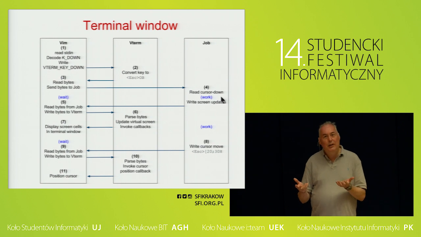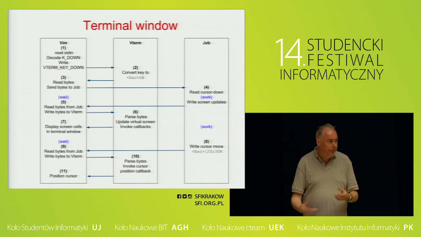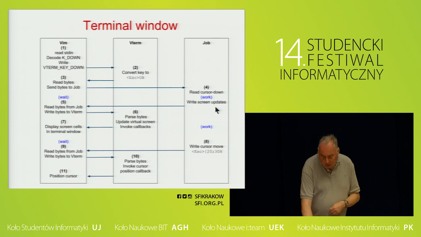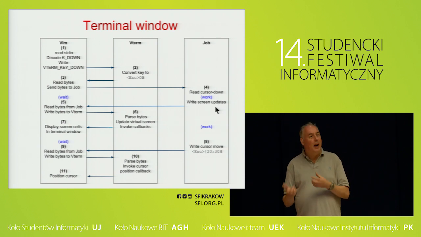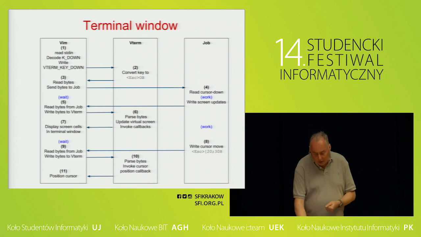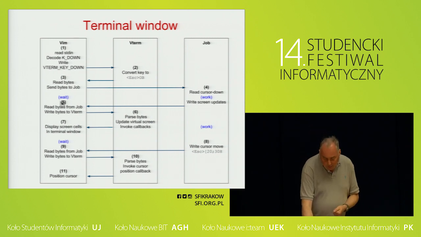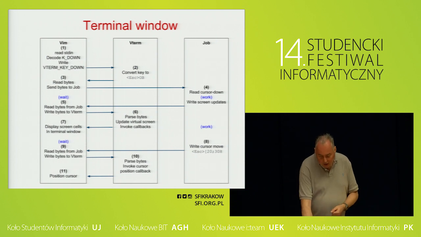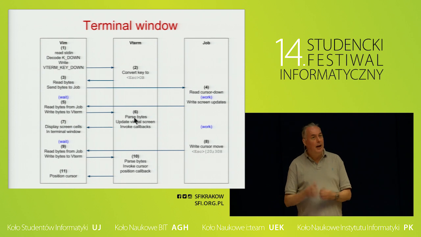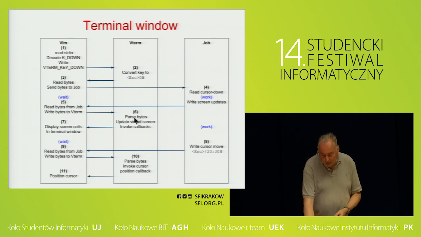It changes whatever it changes, and eventually, after some work is done, it updates the screen. Well, it sends bytes to what it thinks the terminal is. And actually, Vim is waiting for those bytes. So it gets some bytes from the job, and Vim doesn't know what they mean. So the bytes are written to vterm. And vterm says, these are escape sequences that update the state of the terminal.